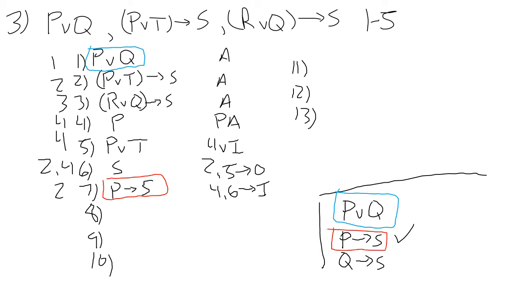Now we just need to do the same thing to get the Q arrow S, and we'll just wedge in the R, and that would be from 8, so 8.